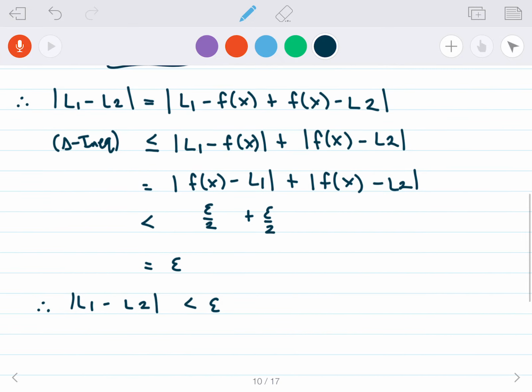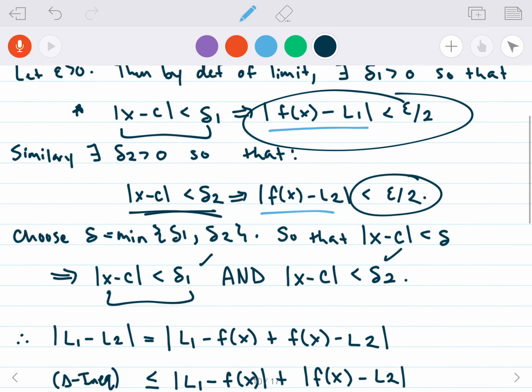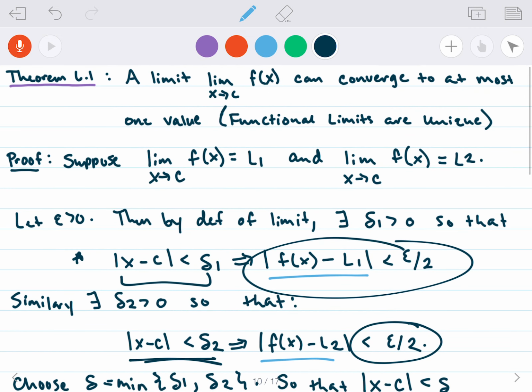And epsilon is arbitrary, just a number bigger than 0. It can be anything. So we can let epsilon go to 0 from the right, and this gives us that L1 is equal to L2. Okay, so that's the idea here. If we have a limit, there's only one limit. Limits are unique for functions.